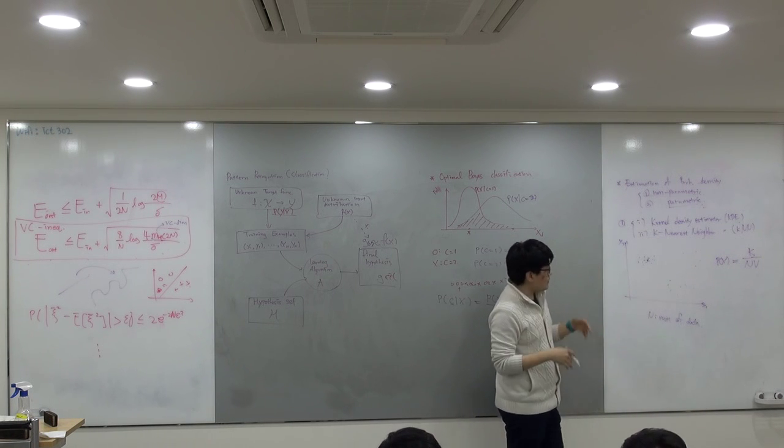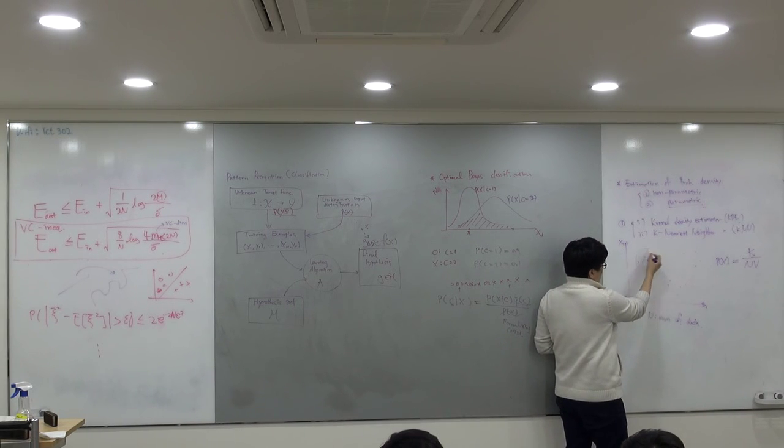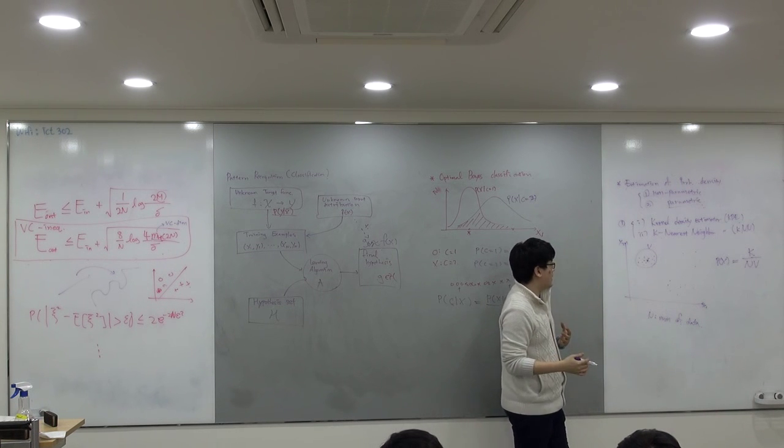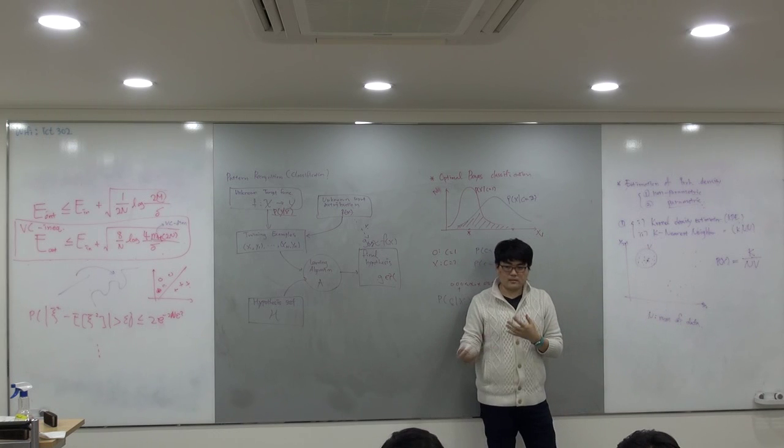Roughly speaking, you have a number of data, and you take this kind of region, this volume is V. Then if you have many data in this volume, then the density is higher, right?